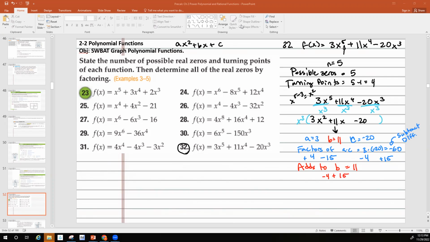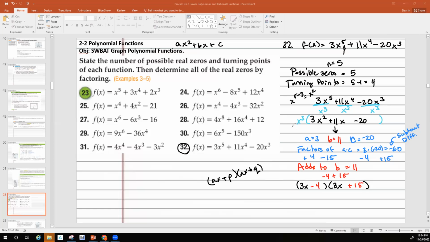With that, we now want to write it as ax plus p and ax plus q. Our a is 3, so 3x minus 4 and 3x plus 15.